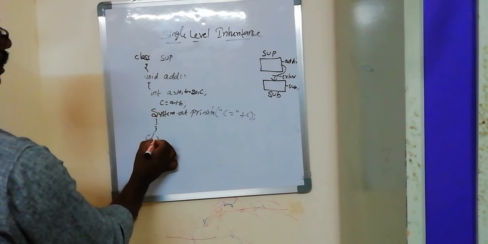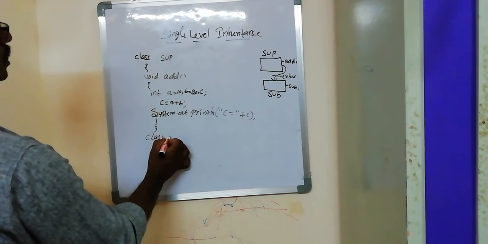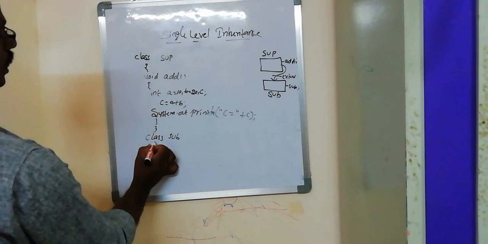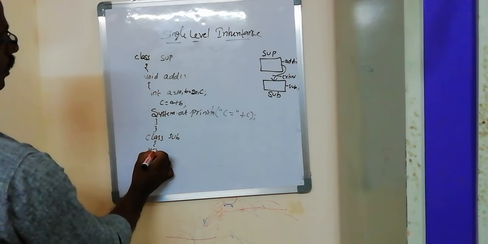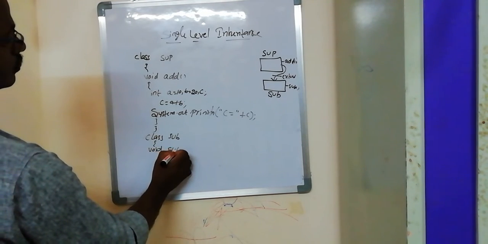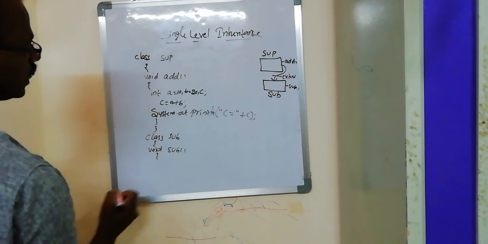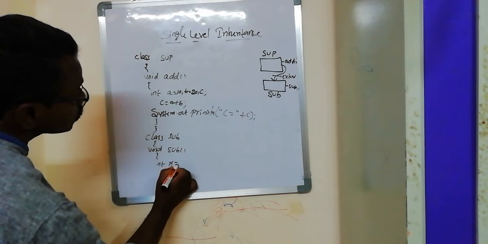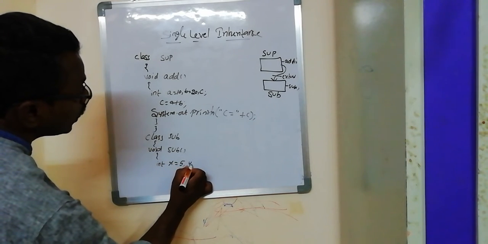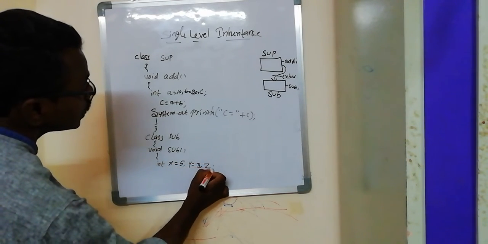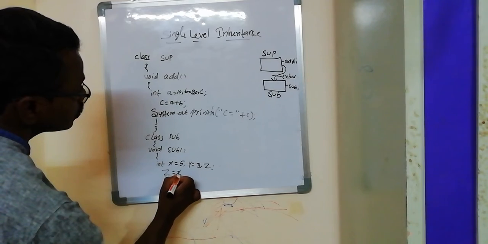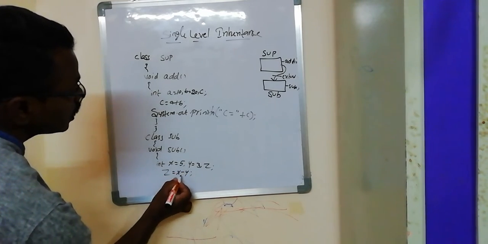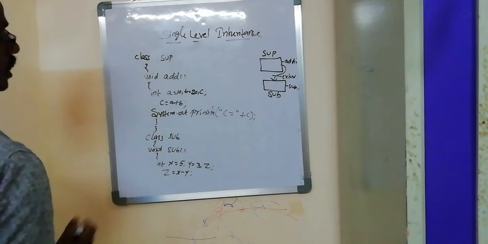We write another class, the class is sub, and another method, void sub. This method contains some variables like int x is equal to a value, y is equal to a value, z is equal to x minus y. This is the minus operator, that was the plus operator.